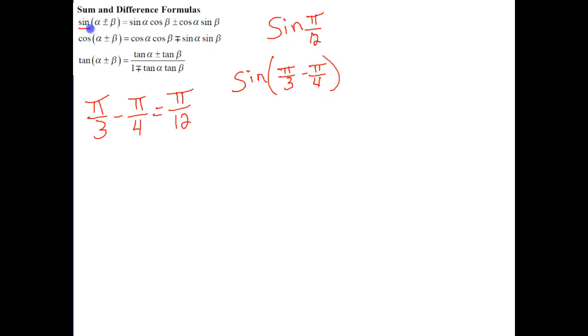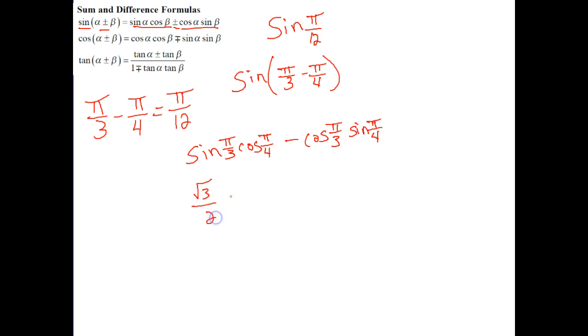We have sine, we have minus, so we're going to need this right here with a minus. That's going to be sine of pi over 3 times cosine of pi over 4 minus cosine of pi over 3 times sine of pi over 4. Once again, we just evaluate here, and we know sine of pi over 3 is radical 3 over 2, this is radical 2 over 2, and cosine of pi over 3 is 1/2.